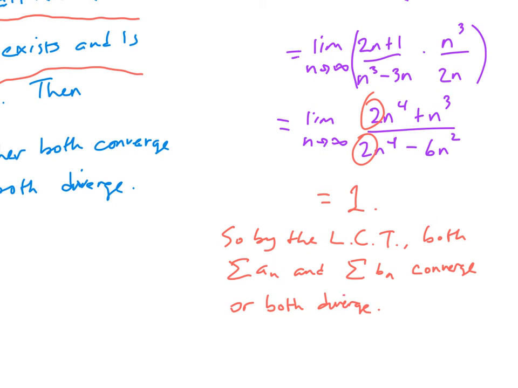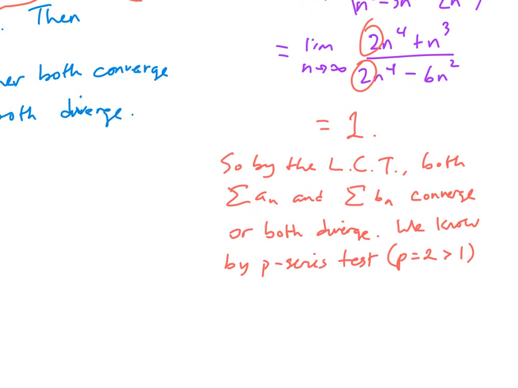And we already found, by the p-series test, p equals 2, greater than 1, that, I might as well just use the real estate here, sorry about that, the sum from n equals 2 to infinity of b sub n converges.